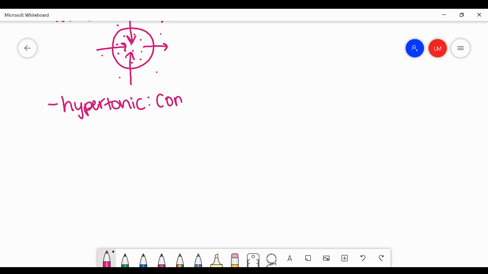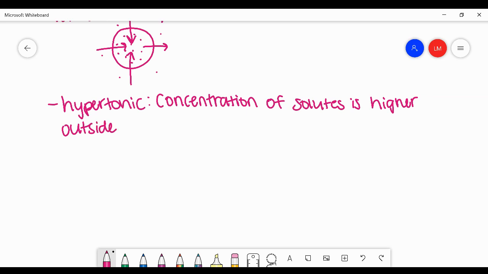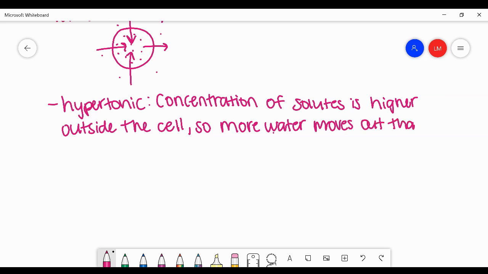Here, the concentration of solutes is higher outside the cell, so more water moves out than in. And when that happens, the cell shrinks.